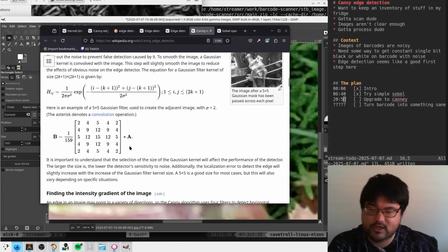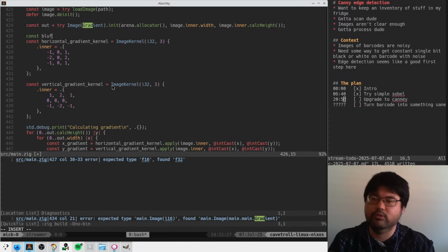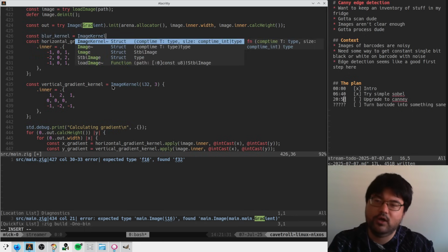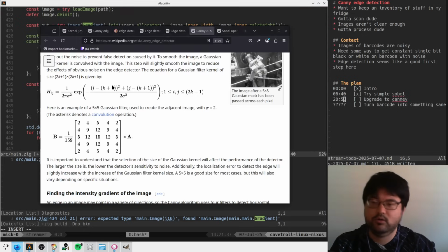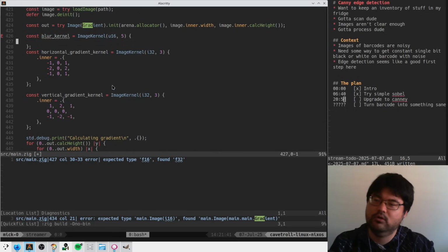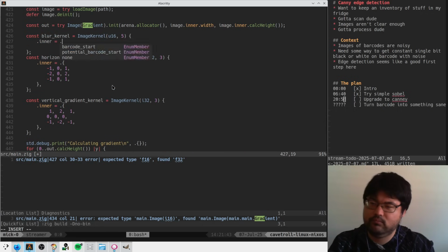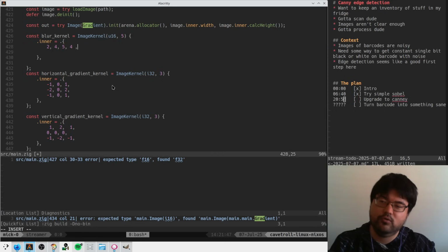So can we just put this in here? Blur. This is probably U16 is fine. 2, 4, 5, 4, 2.